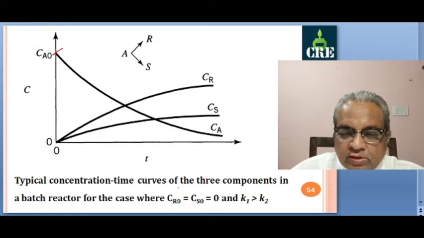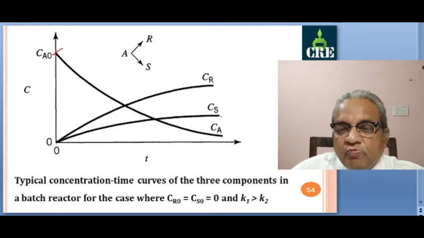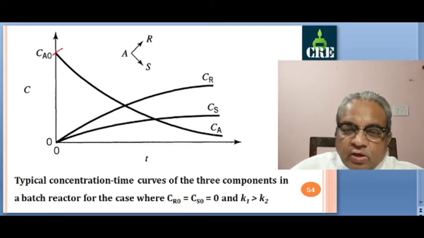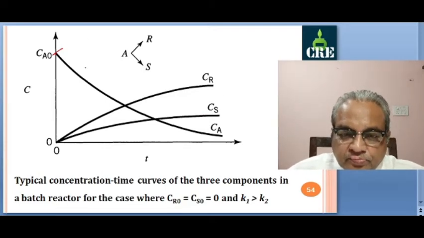If we consider CR0 equal to CS0 equal to 0 initially, from here up to some value of CR you will get. Similarly, this up to some value of CS. This CR curve will be above the CS curve for K1 greater than K2. If K1 is less than K2, or in other words, if K2 is greater than K1, then this CS curve will be above the CR curve.